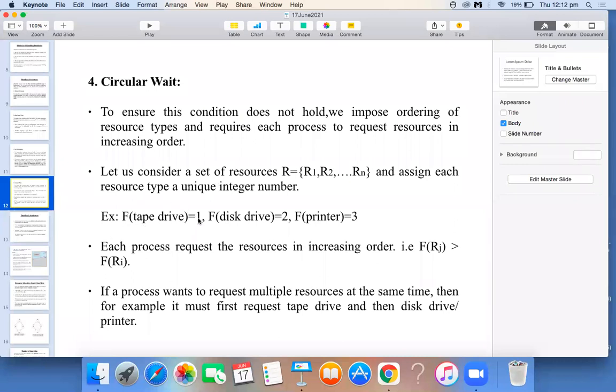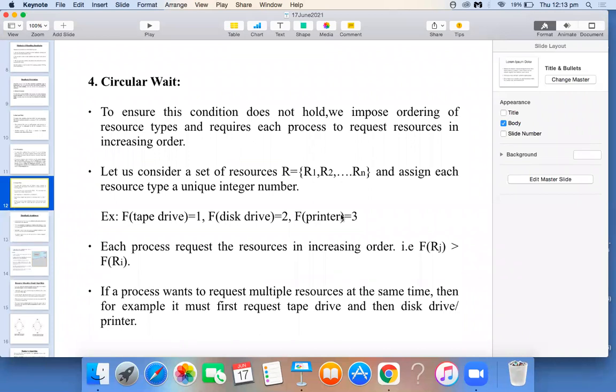For tape drive we have given the number 1, for disk drive the number 2, and similarly for printer the number 3. If we take three processes, say P1, P2, P3, every process will request the resources in this order only. First it has to request the tape drive, then the disk drive, and finally the printer.